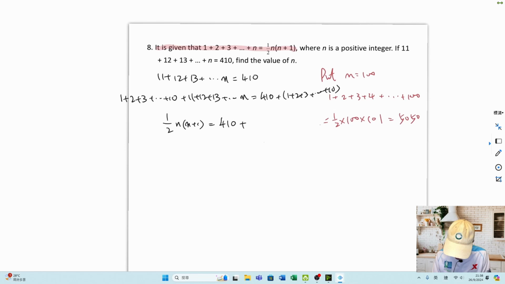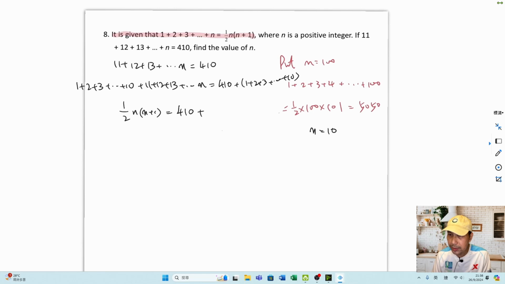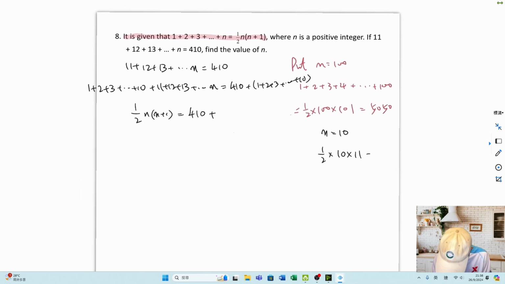For 1 to 10, we just simply put 10 into the formula. The sum 1 plus 2 plus 3 up to plus 10 is equal to 1 over 2 times 10 times 11. That is 55. Okay, so we replace the brackets by 55, and then we try to solve this equation.